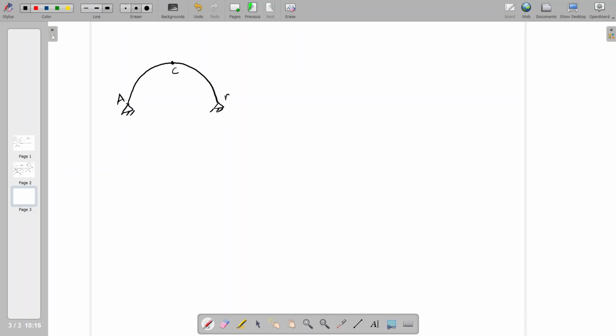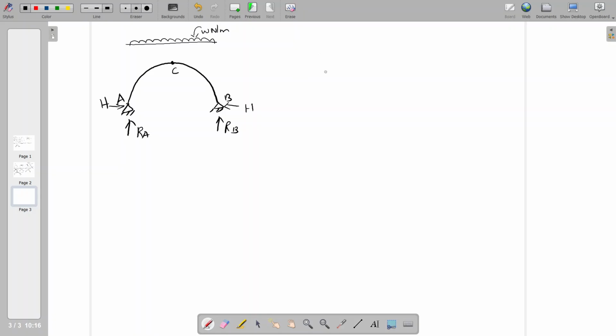So A, B, and C. The regular unknowns are RA, reaction at A, reaction at B, and horizontal thrust at A and B. If your load is symmetrical with the perpendicular load and there is no horizontal load, and the supports are at the same level, then H will be in the same line of action. Then I have mentioned it as H instead of H1 and H2, it is equal H.